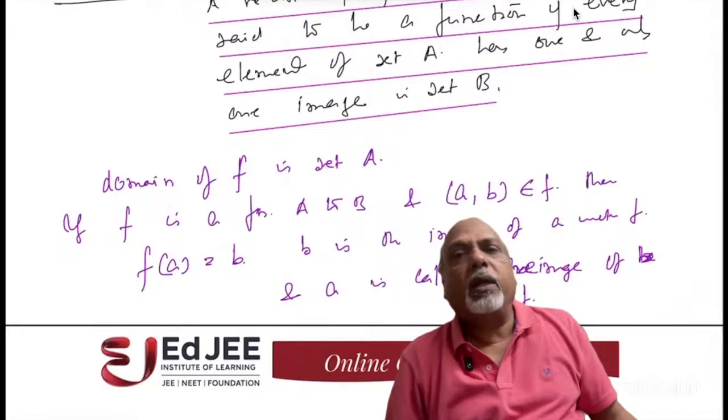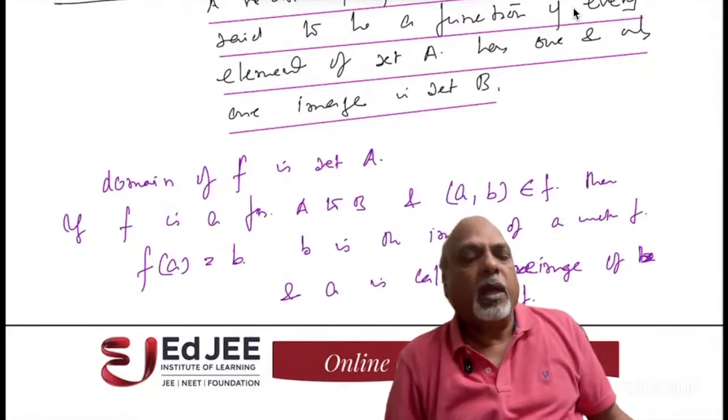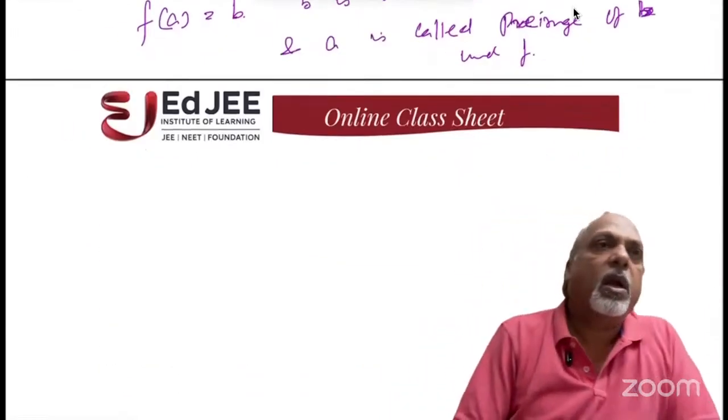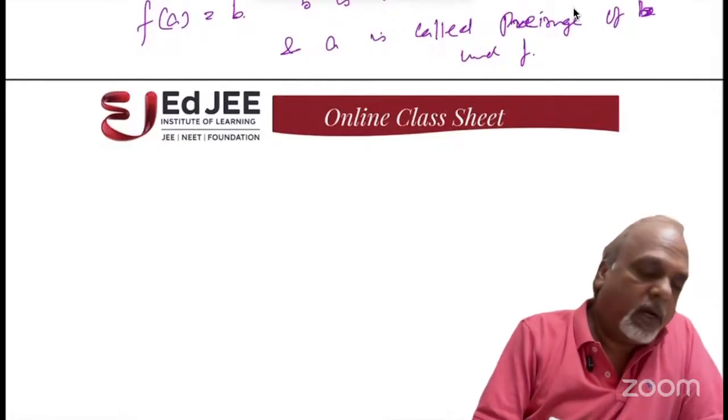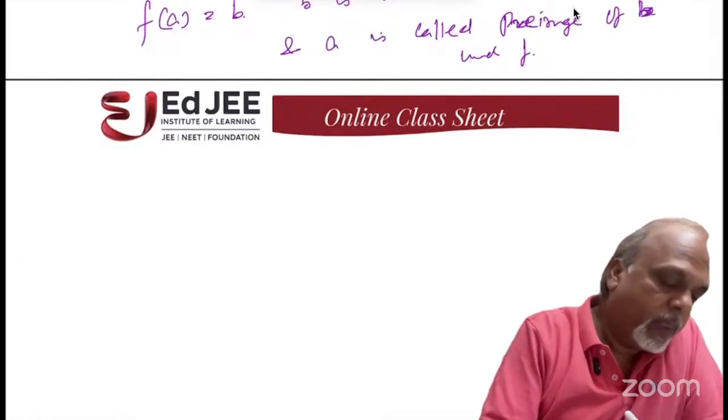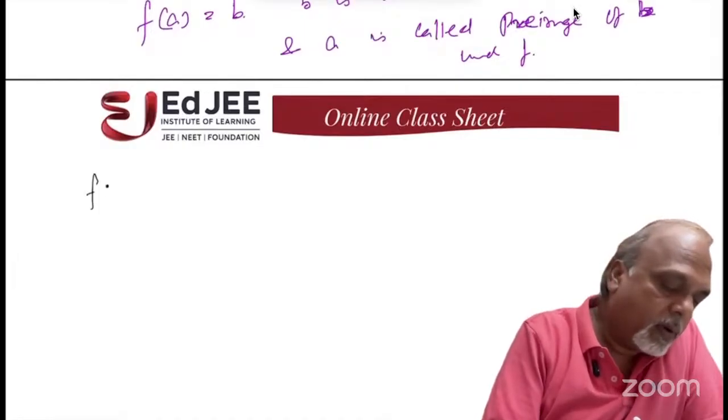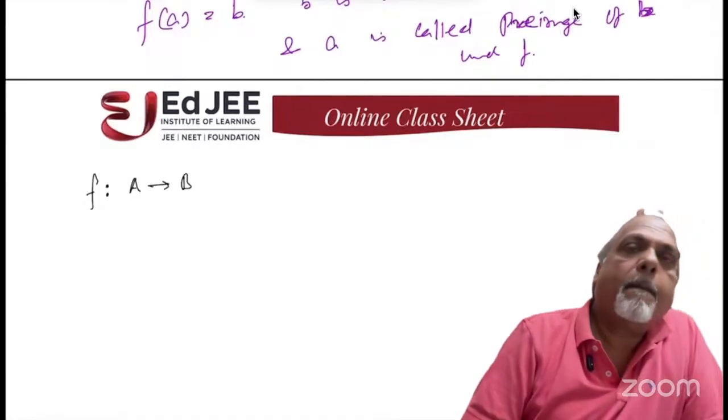So this is basically a function. This function from set A to B is denoted like this: f: A to B. Correct?